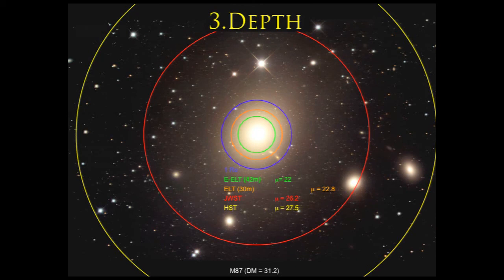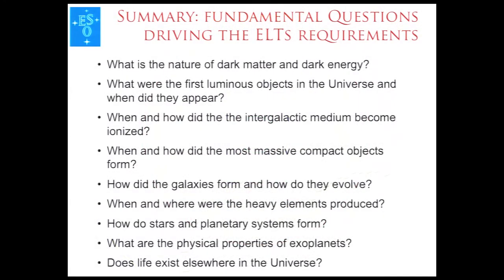And here is an example of where various telescopes can go into M87, one of the closest elliptical galaxies, and you can see that the ELTs can go well inside the blue radius, which is the effective radius of that galaxy, so be able to probe inside the dynamical, most important part of that galaxy.